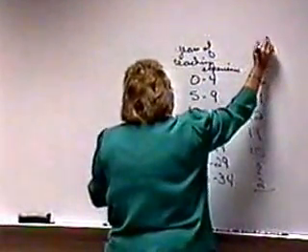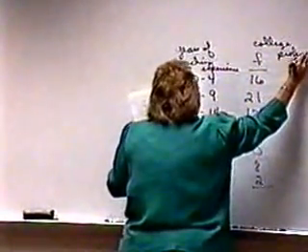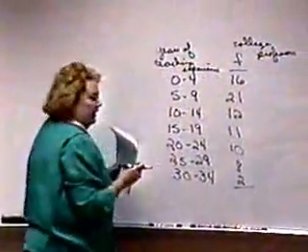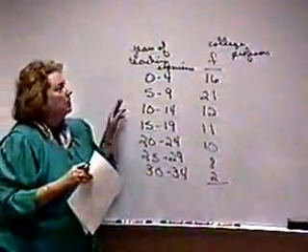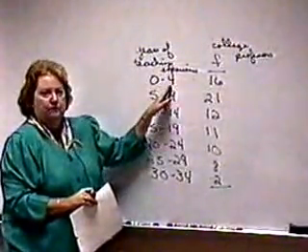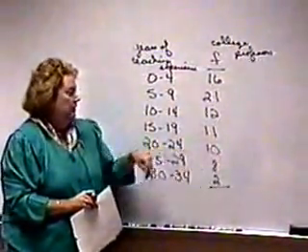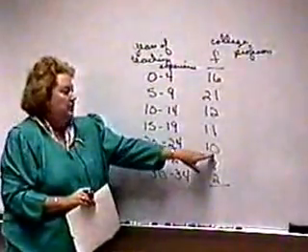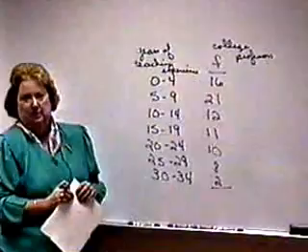These are the college professors. Now the labels, this doesn't tell you anything, it's just a bunch of numbers. So now you know that 16 professors have between 0 and 4 years of teaching experience. 10 professors in this particular group have between 20 and 24 years of teaching experience.